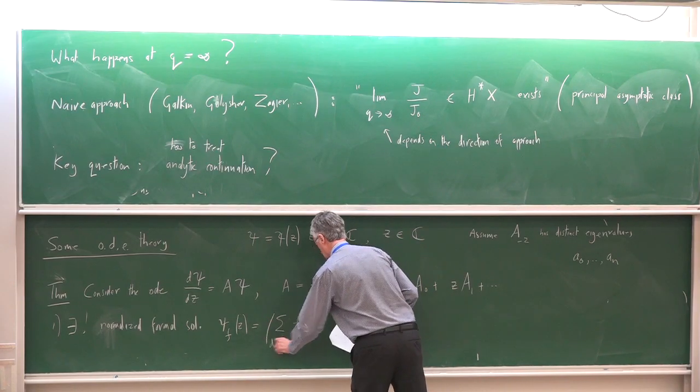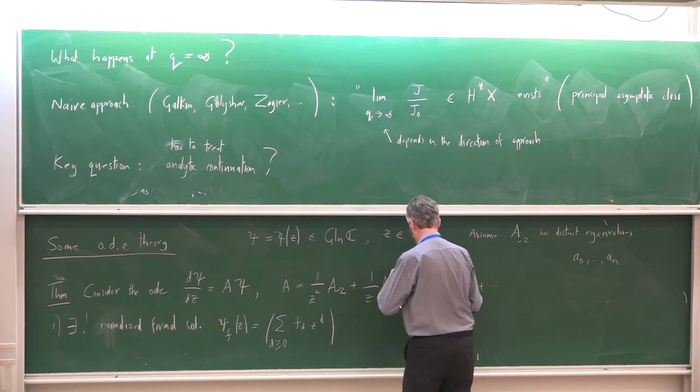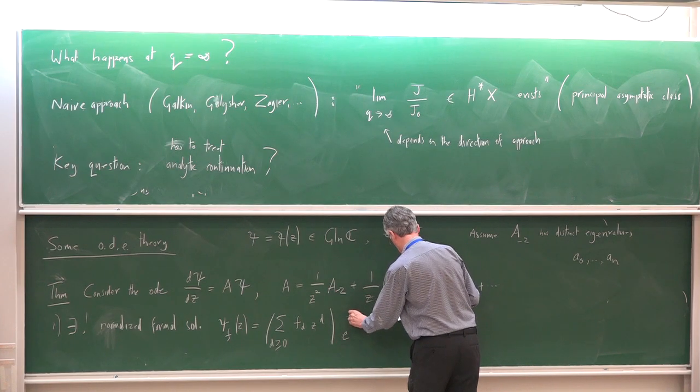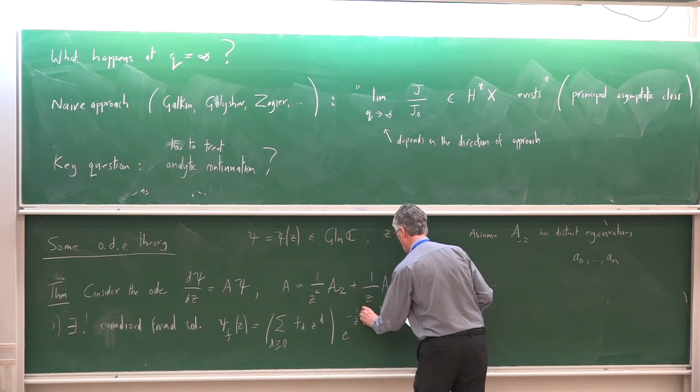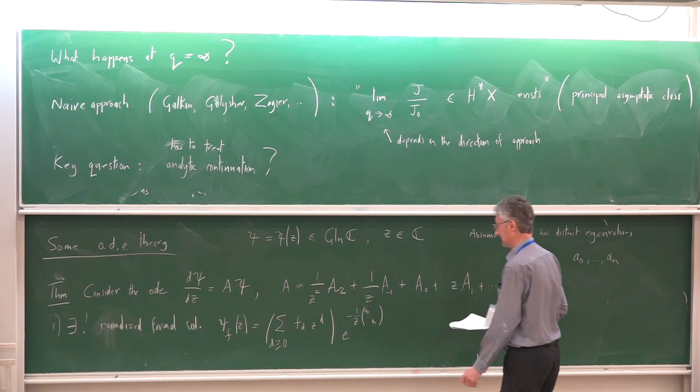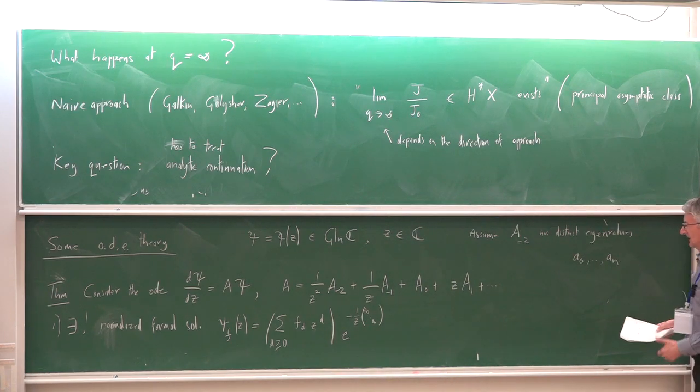And we get, well, you can't just get a Taylor series. You need an exponential factor, and the appropriate thing to choose is this. So there will be a formal solution in general like this. So there has to be an exponential.